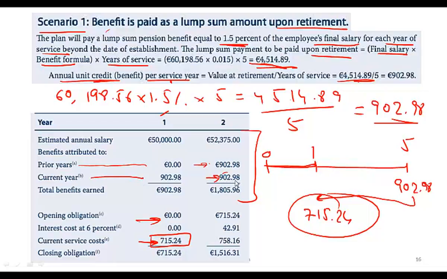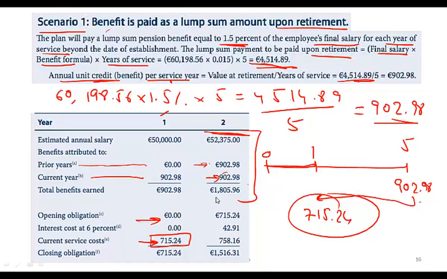But again, this 902 is what will be received at the end of year 5, once the employee has worked for this second year. Hopefully the concept of service cost is becoming clear, because the 902 over here is being earned by the employee when he works for that year.